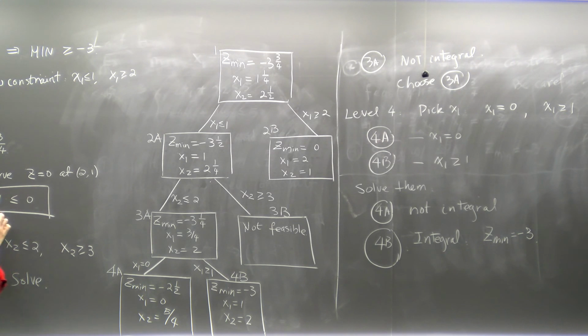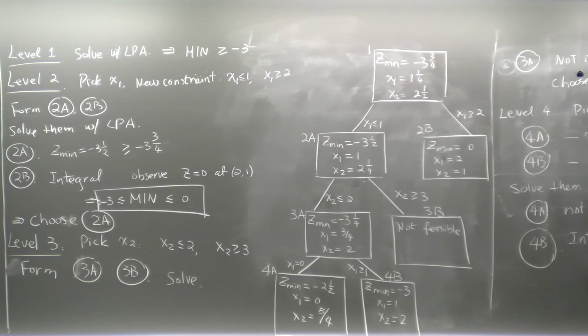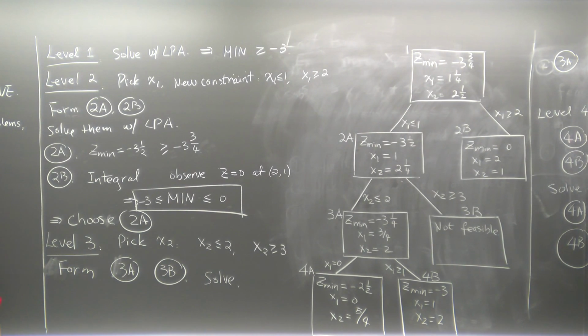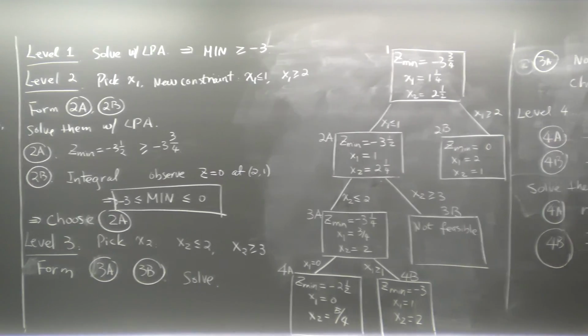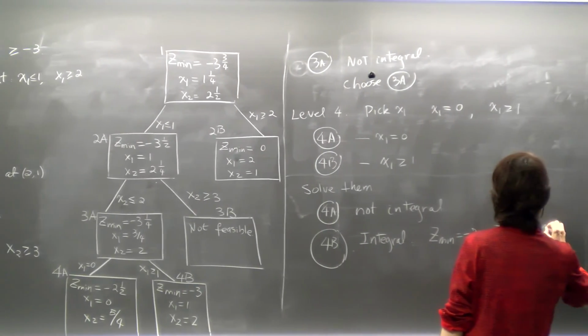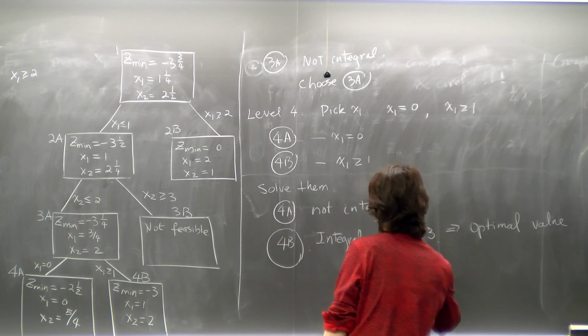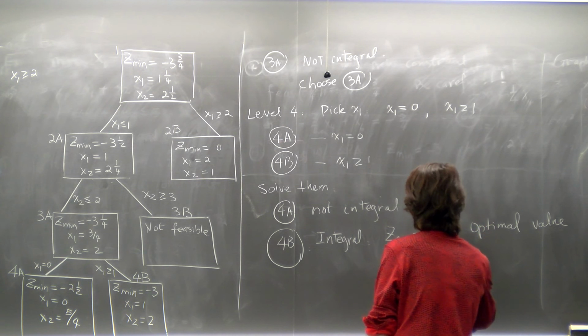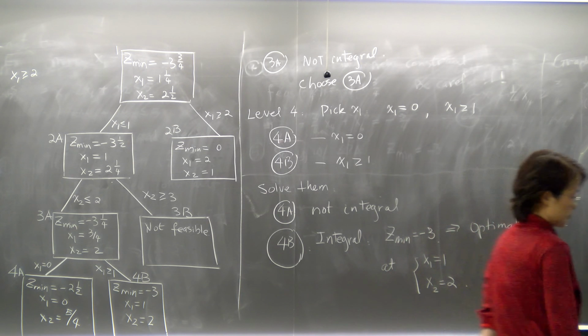The final optimal value should lie between negative 3 and 0. I found one point, and it takes value negative 3. That's the optimal point because it cannot be lower than that. Is that clear? So you conclude that this is the final optimal value, attained at x1 is 1 and x2 equals 2.